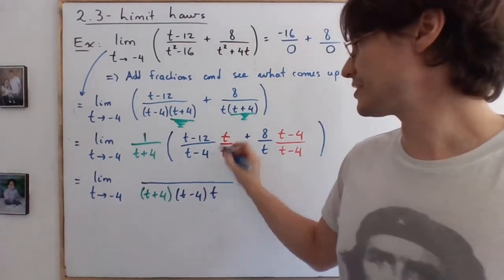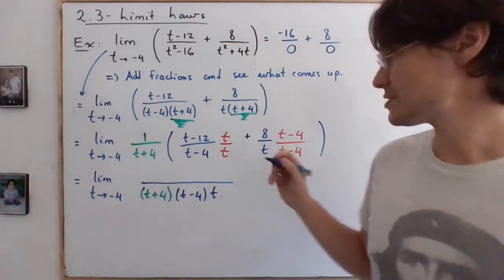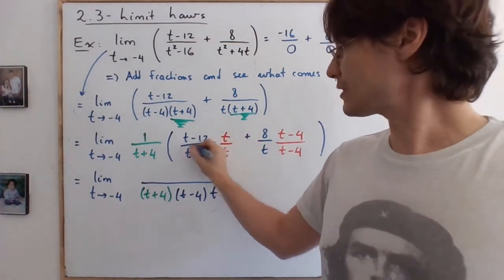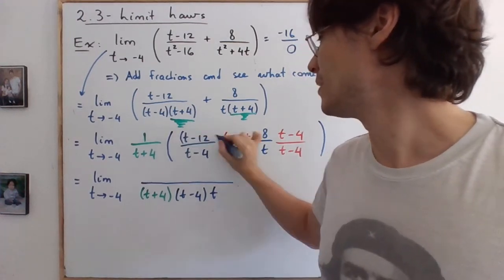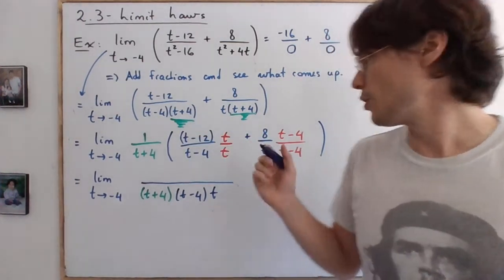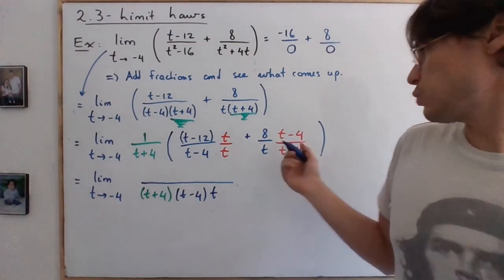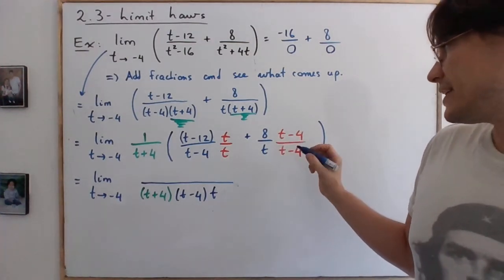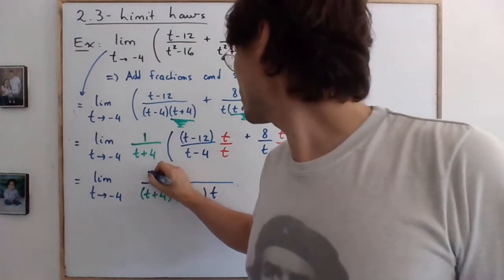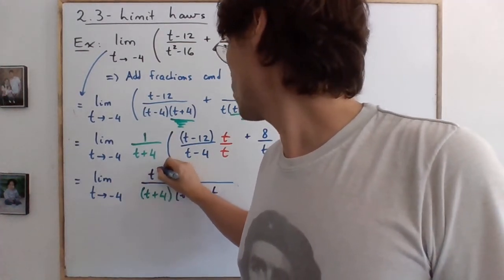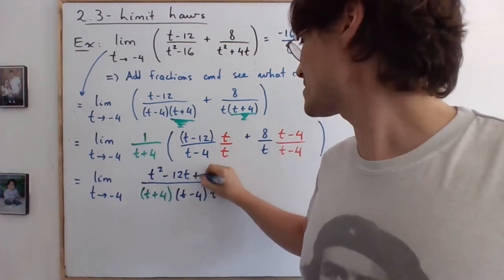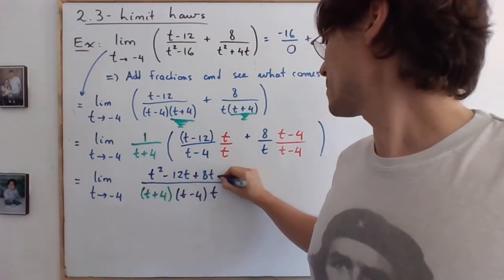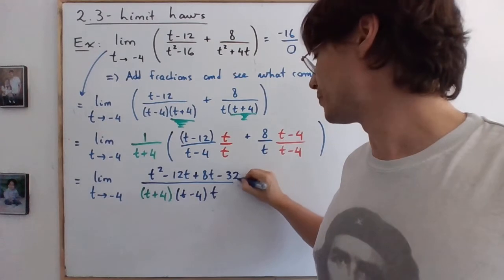And for the numerator, we distribute. Remember that when you draw a horizontal line like this, there's implicit brackets in here. Let's distribute right away. We will have t squared minus 12t, and here plus 8t minus 8 times 4, 32.